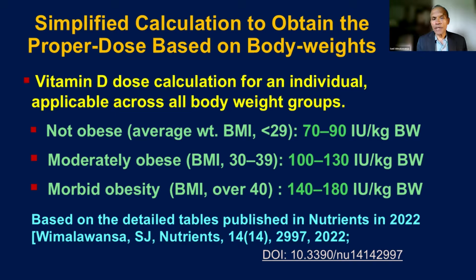Those who are morbidly obese need a higher amount, 140 to 180 international units per kilogram body weight. You can see that the amount for the morbidly obese person could be about 20 times higher than for the average body weight person. So recommending a single dose to cover all of them is really an expensive way of doing business. It doesn't work.